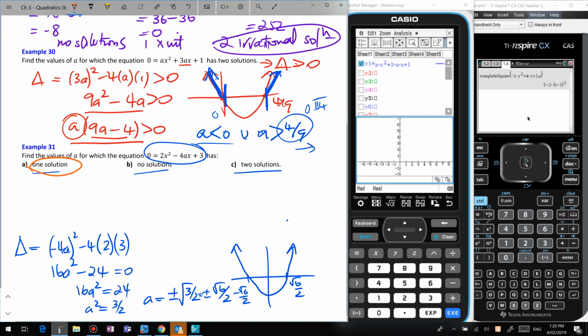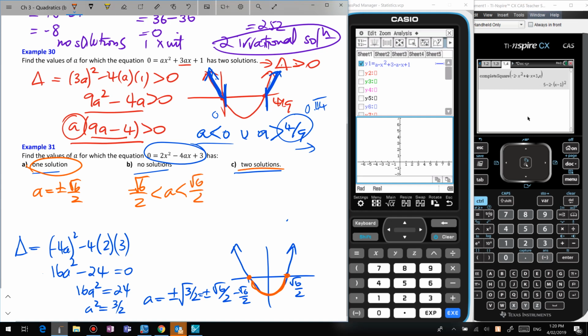Okay, one solution means when it equals 0. So a is plus or minus root 6 on 2. No solutions is when it's negative, so between negative root 6 on 2 and root 6 on 2.